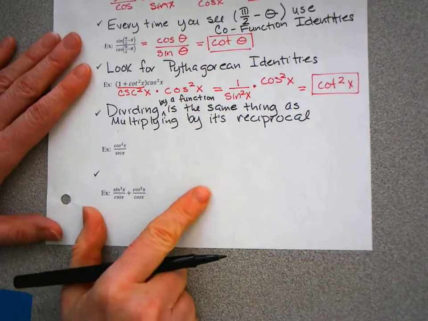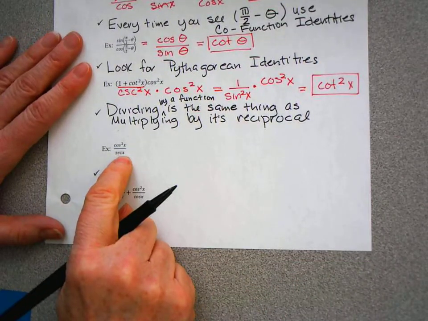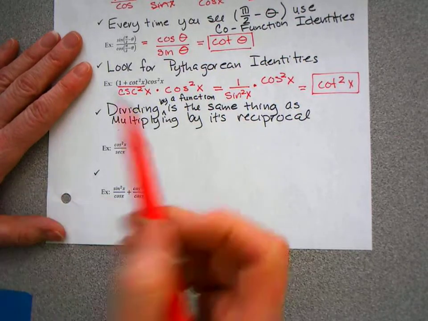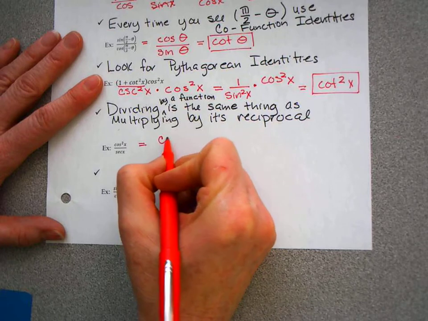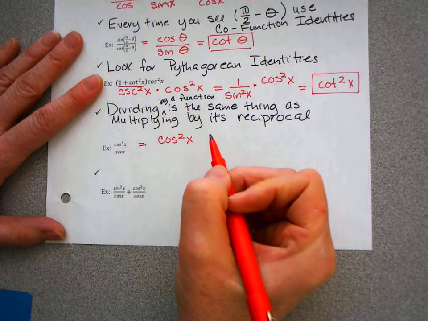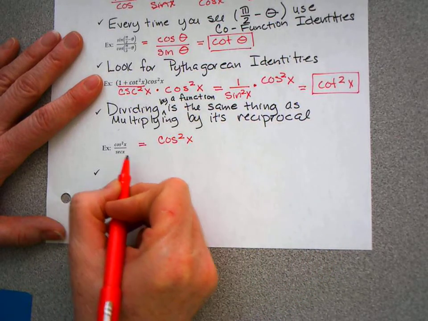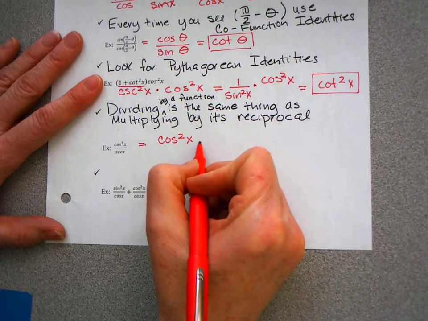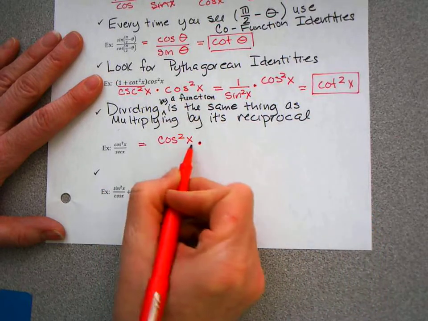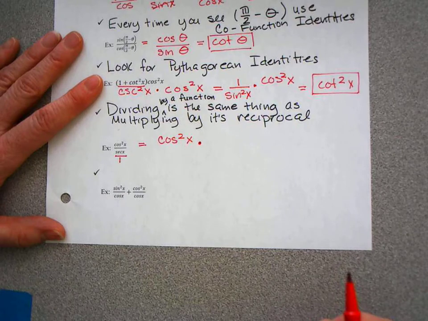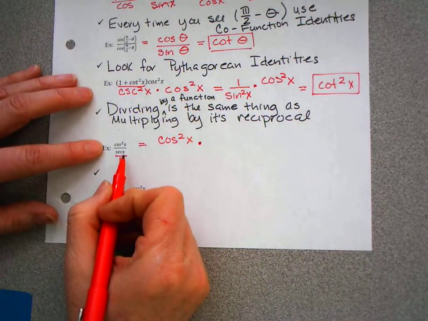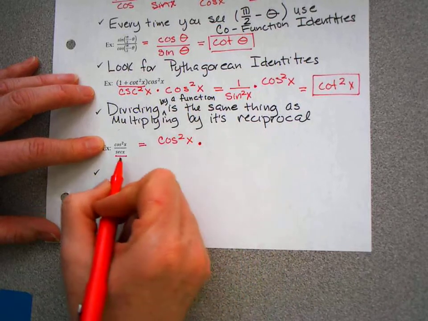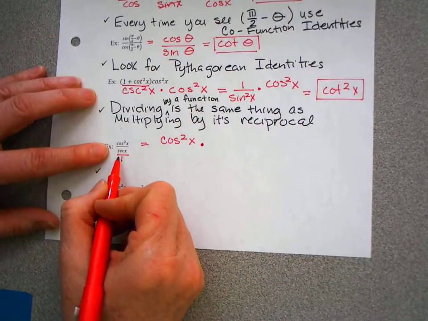So I'm dividing here. This equals the cosine squared of x over the secant. Dividing is the same thing as multiplying by the reciprocal denominator. So let's just rewrite this before we do the multiplication.